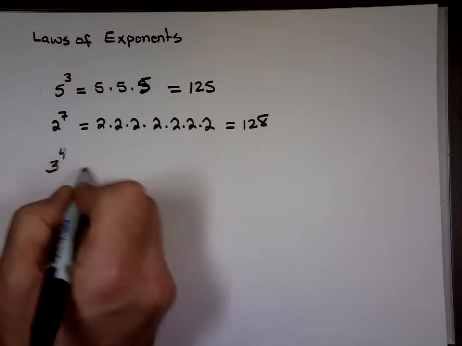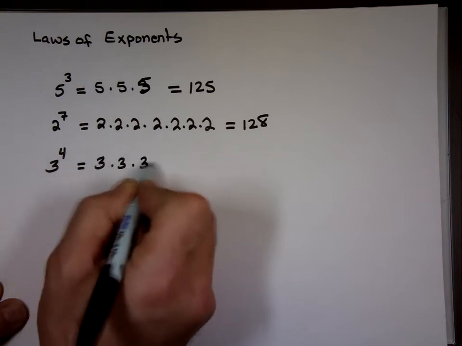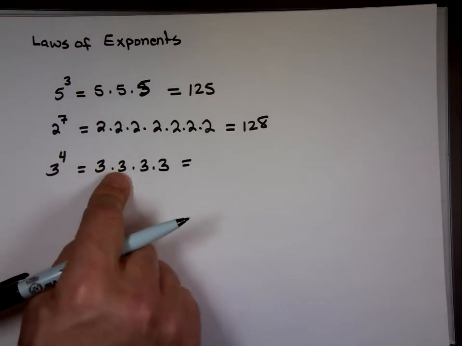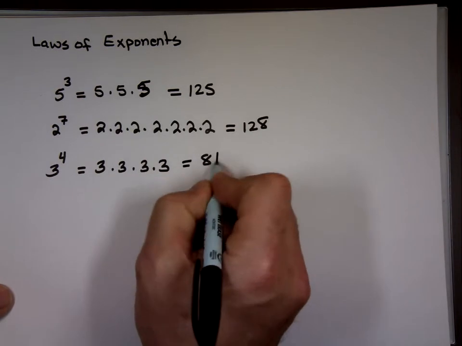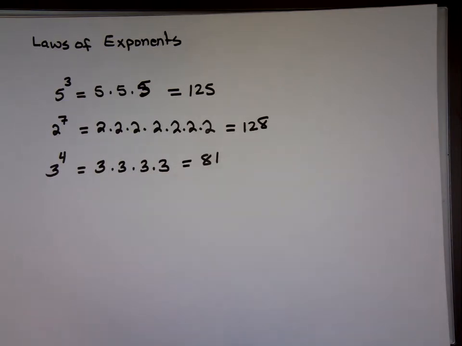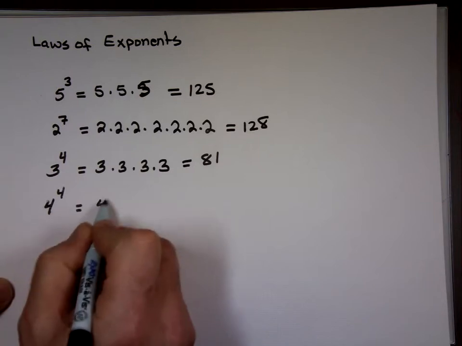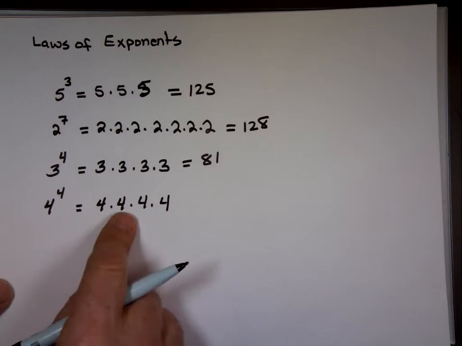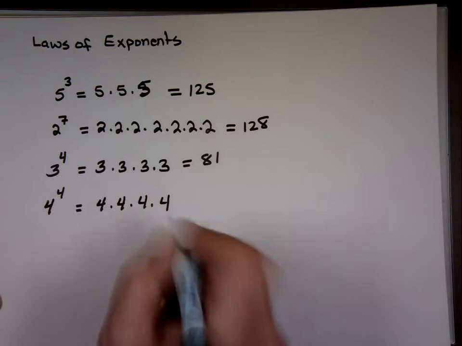Three to the fourth: 3 times 3 times 3 times 3. 3 times 3, 9. Times 3, 27. Times 3, 81. 4 to the 4. It's 4 times 4 times 4 times 4. 4 times 4, 16 times 4, 64 times 4, 256.